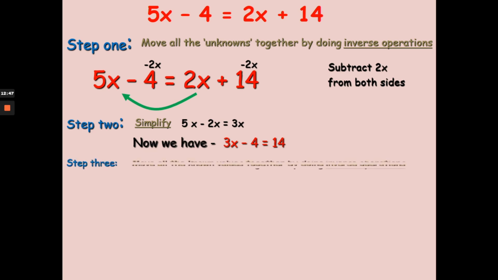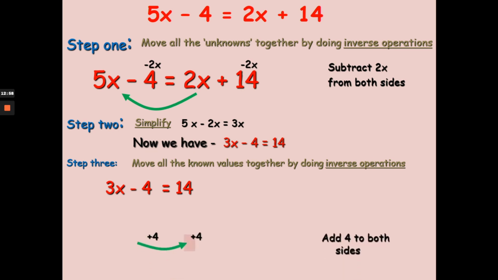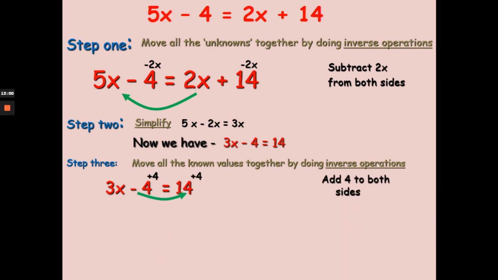Step 3. Move all the known values together by doing inverse operations. All the numbers we can move. So 3x take away 4 equals 14. So we can move the minus 4 by adding 4. So remember, whatever I do to one side, I have to do to the other. Simplify it all, so put it all together.